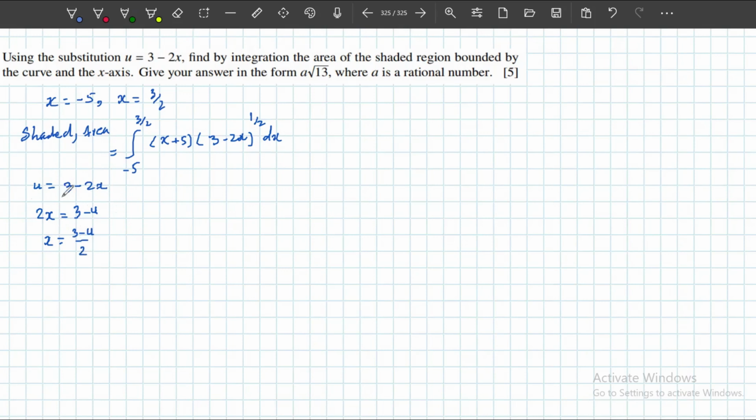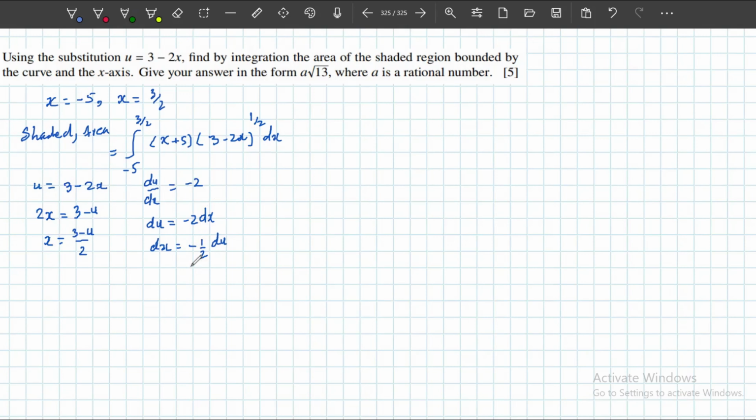And the other thing is, if we take the derivative of this function, du over dx, the derivative of 3 is of course 0, and this gives me minus 2. So du equals minus 2 dx. If we are looking for dx, of course minus 2 will divide on the other side, so dx equals minus 1 by 2 du. These values we will replace later.